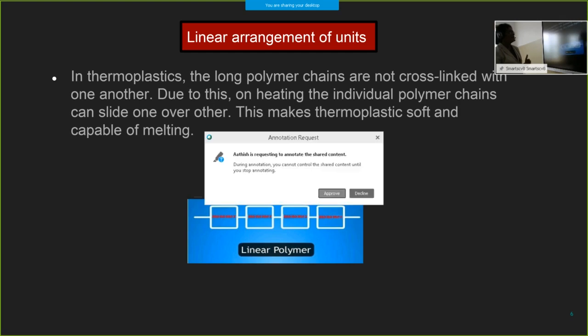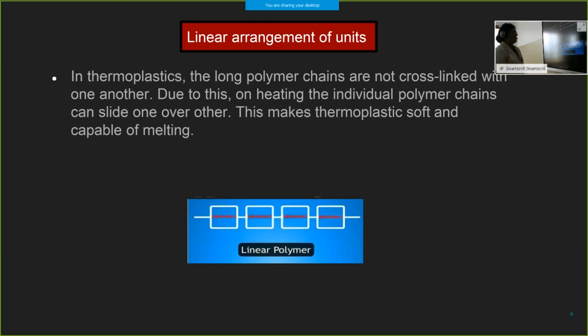This makes thermoplastic soft and capable of melting. So there are many chains lying straight one after the other, and when you heat, what happens? Since it is not cross-linked, they can slide one over the other, and because of this sliding they can melt. That is why thermoplastics melt on heating, and we can change their shape any number of times.